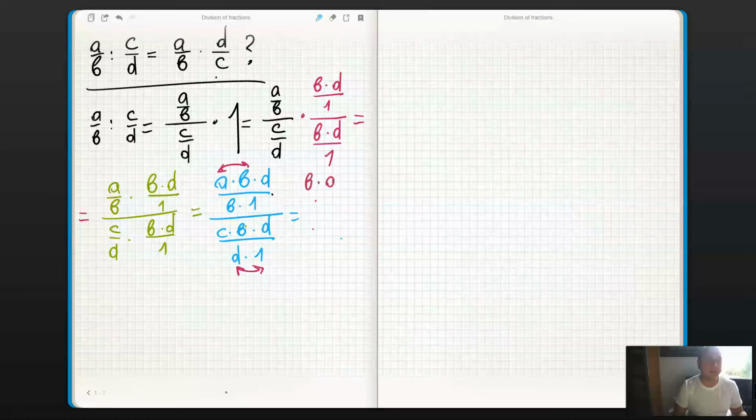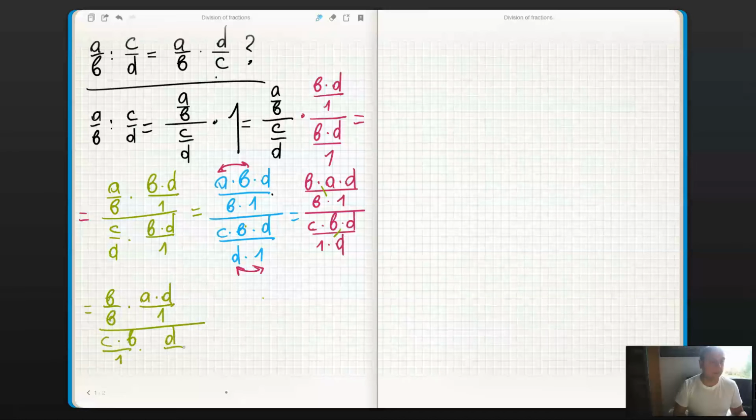This is B times A times D divided over B times 1, divided over C times B times D divided over 1 times D. And now look, we can split the fractions because we multiply them right here and right there. This is what I would like to do. So B divided by B times A times D divided by 1, divided over C times B divided by 1 times D divided by D.